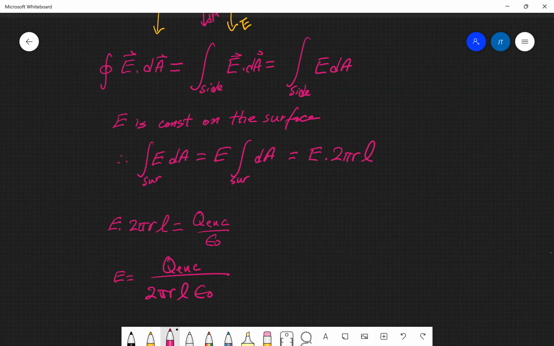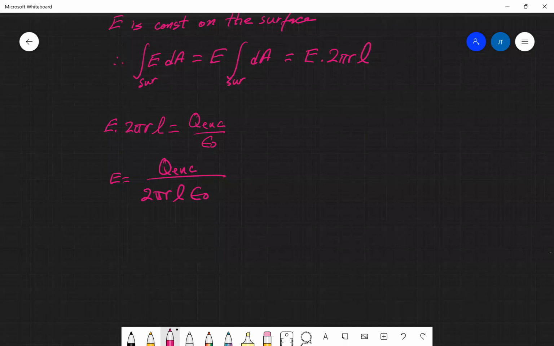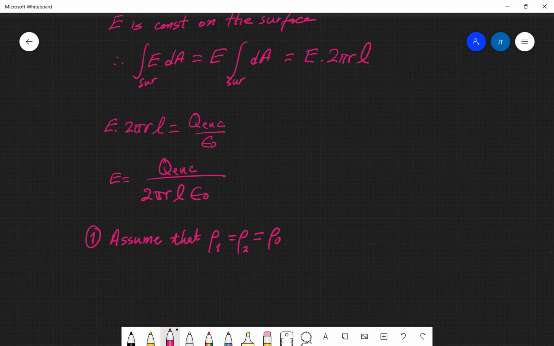So now my job is to compute Q enclosed for every situation. So first, let's assume the first situation, maybe put 1 here. Assume that rho 1 equals rho 2 equals some constant charge density.